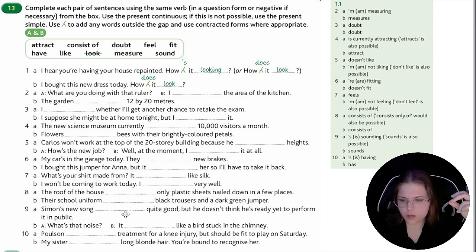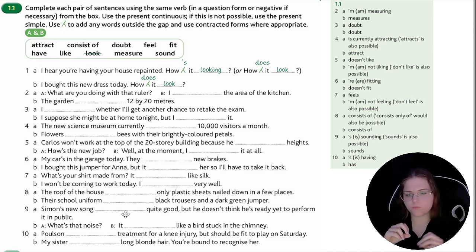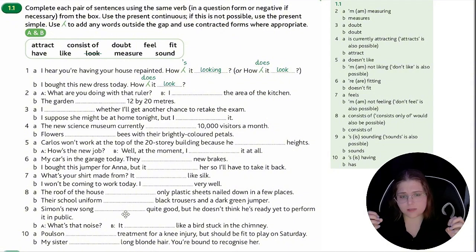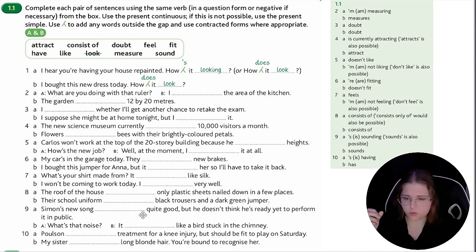It is not about opinion. It is not about something which is happening continuously. It just sounds like that. So we don't use "sound" in this context in the present continuous.